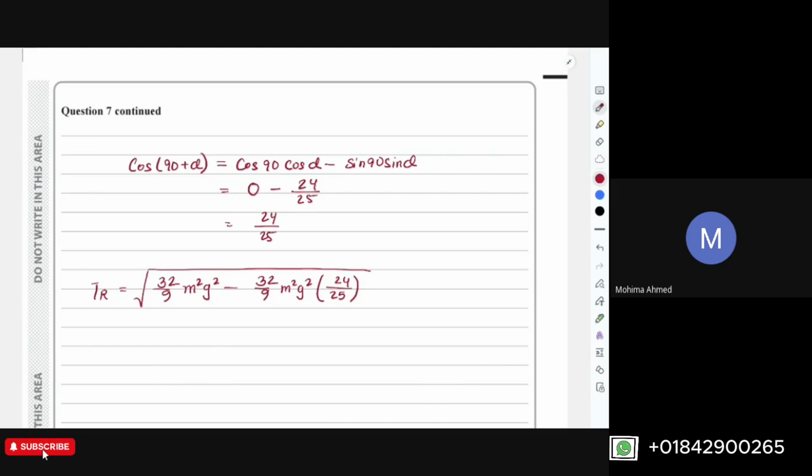Cos alpha plus 90 we have, so we'll be working with cos 90 cos alpha, then minus sine 90 sine alpha. Sine alpha was, oh, it was 7, sorry. Then 7 by 25, right?